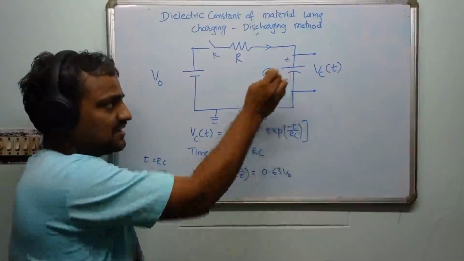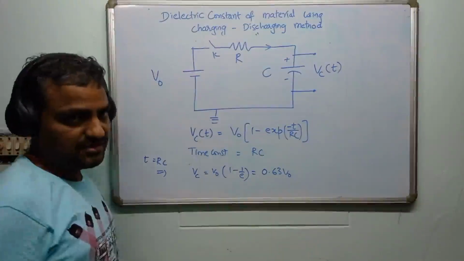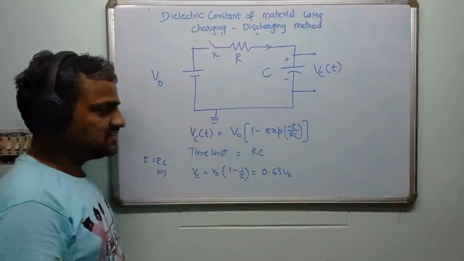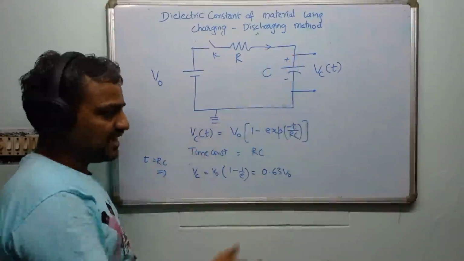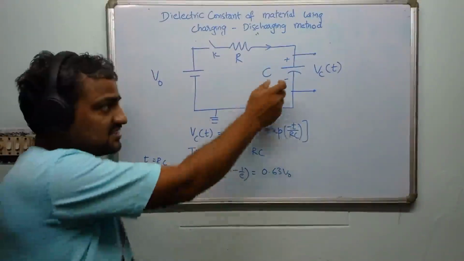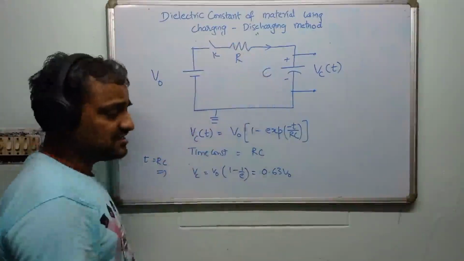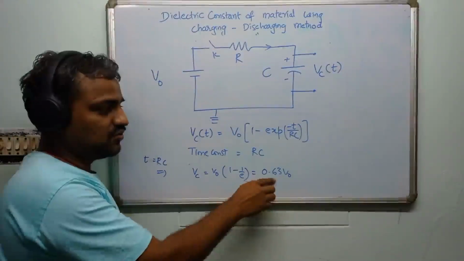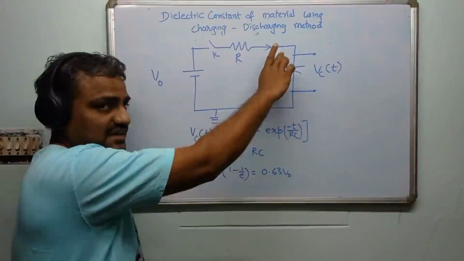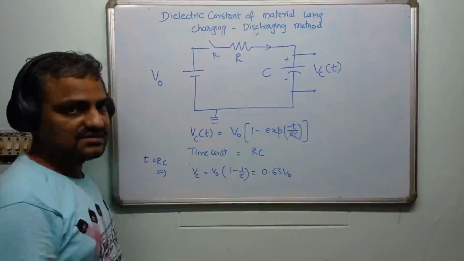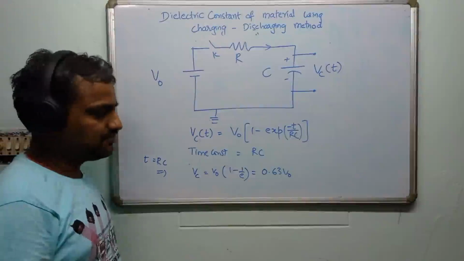So you are taking the capacitor and applying a maximum voltage of V0 DC. This voltage gradually develops across the capacitor, and the time taken by this capacitor-resistor combination to reach 63% of V0 on the capacitor is what we call the time constant of the circuit, right?